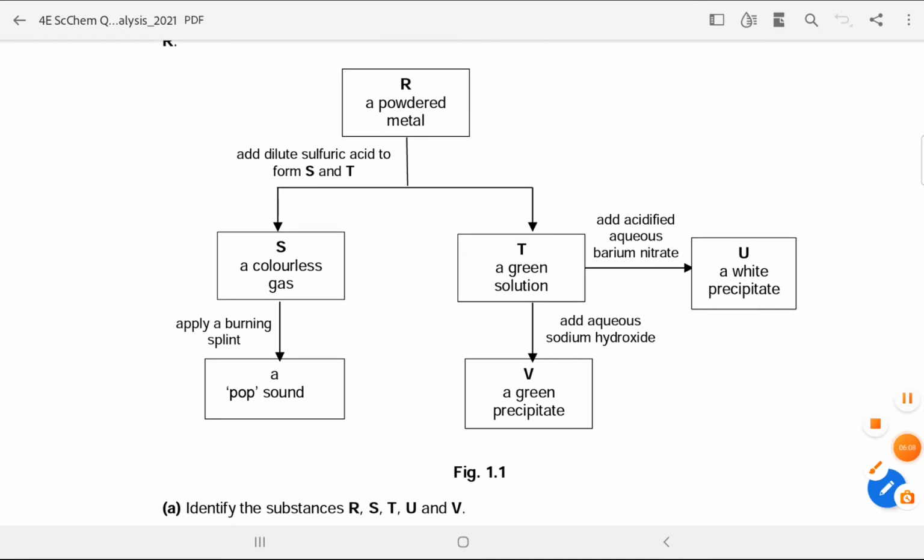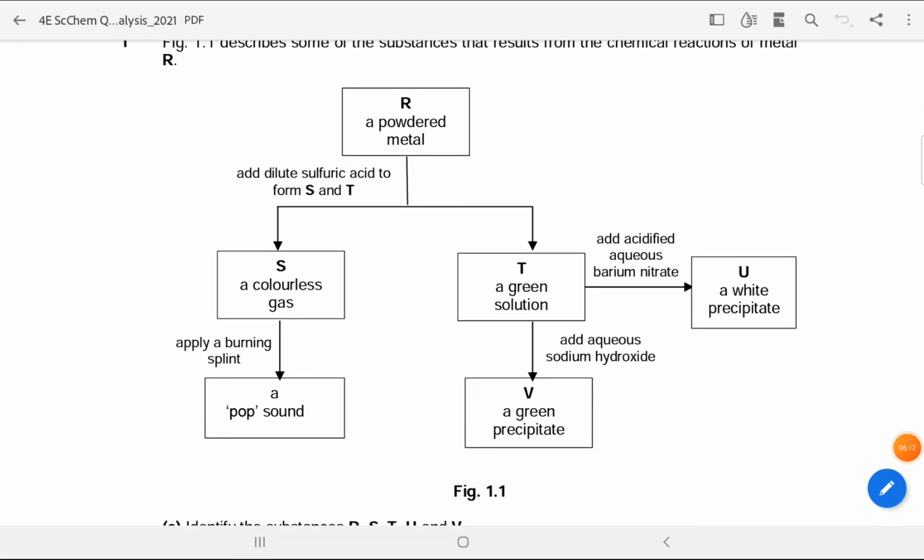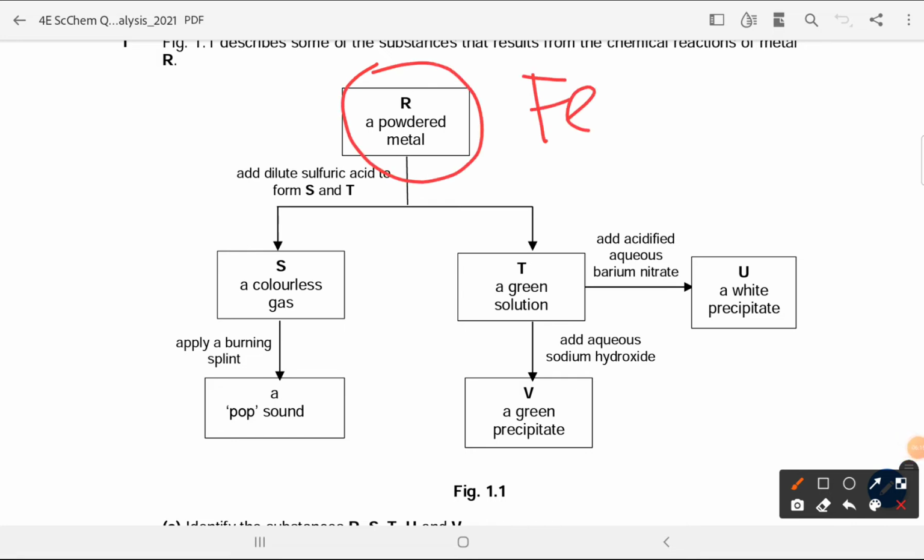The metal R must be iron. Now this metal R is not Fe2+, because Fe2+ is not a metal. Fe2+ is an ion. So for the metal, it must be iron, not Fe2+.